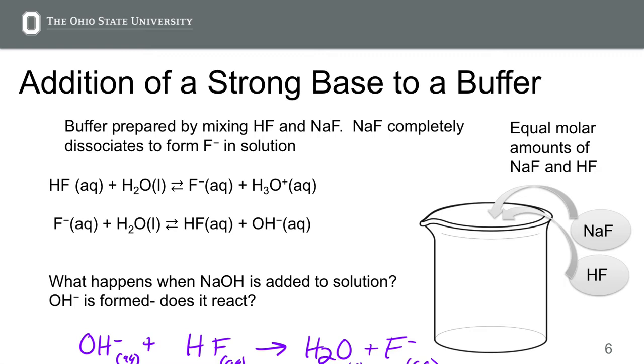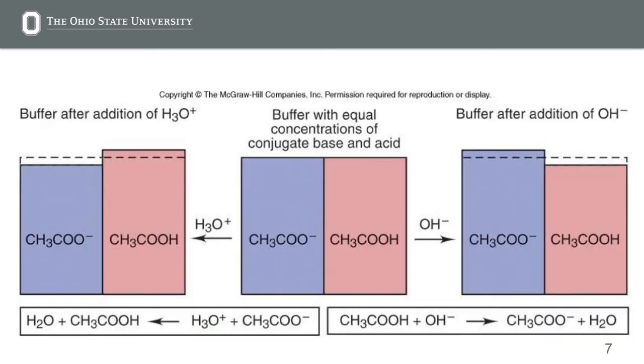And again, that F minus is going to have an equilibrium and regenerate some HF. Again, why the pH changes very little. Now eventually you can break down a buffer. You add enough strong acid or strong base, and you completely deplete any of the weak acid or weak base reserves.